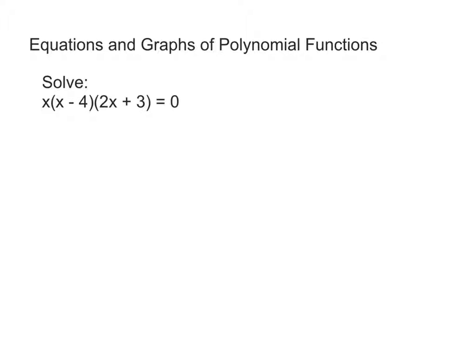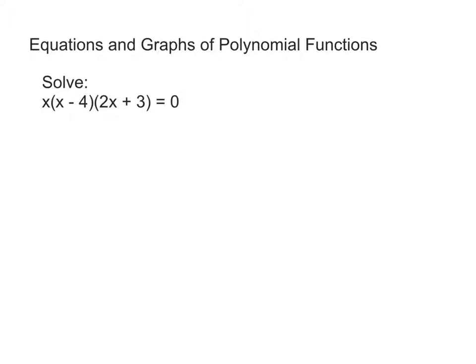So all we need to do is apply what we call the zero product property. The zero product property says that if all these things multiplied together equals 0, then one or more of them have to equal 0. To get a product of 0, one or more of your factors have to be equal to 0. And that's why we can solve by factoring, because of that zero product property.